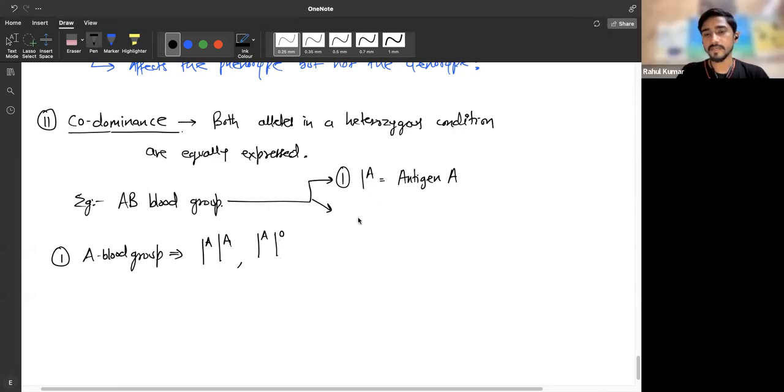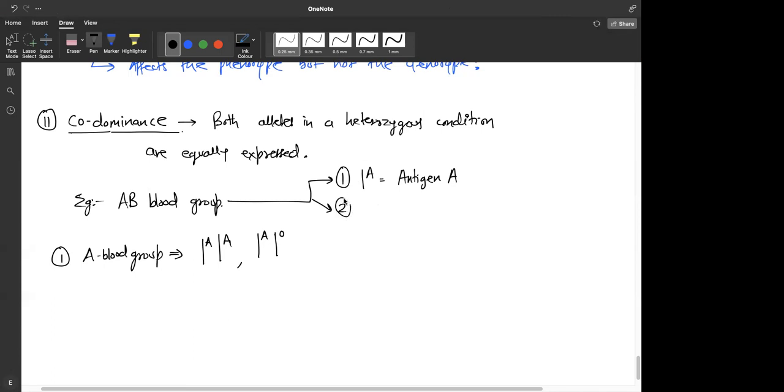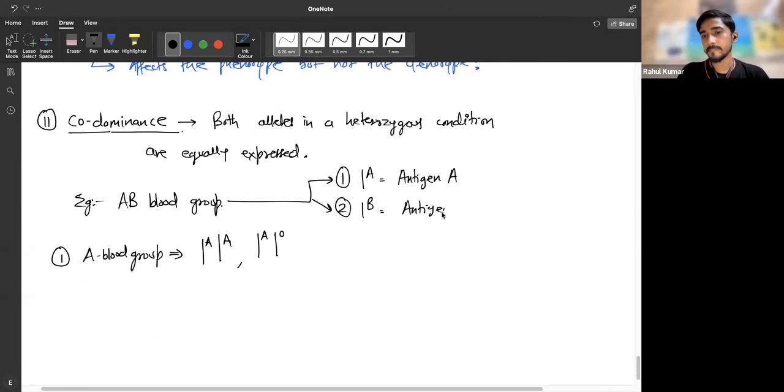I'm talking about the alleles. Second is IB, which is for antigen B. The third one is this small i allele, which is for O, which gives rise to no antigen.